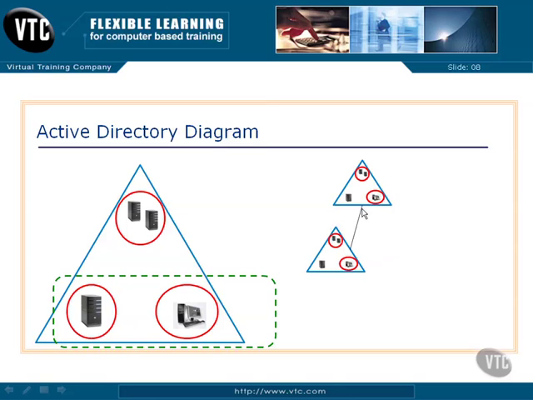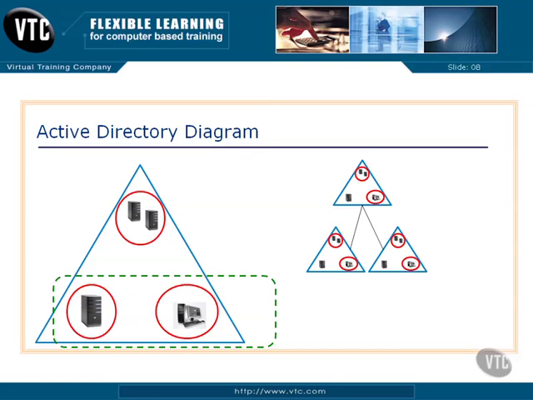Between these is a trust so that users in this domain can access resources in this domain and vice versa. And when you see these domains stacked vertically like this, as subdomains of domains, these two are subdomains of this one on the top. That's called a tree. At this point it is also a forest.